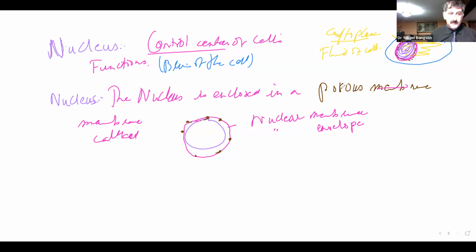Did you guys get that? Now, since we call this the nucleus, the brain of the cell, what is it that this nucleus has that makes it the brain of the cell?